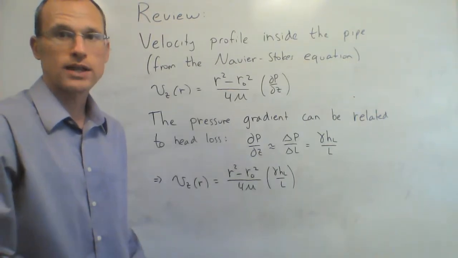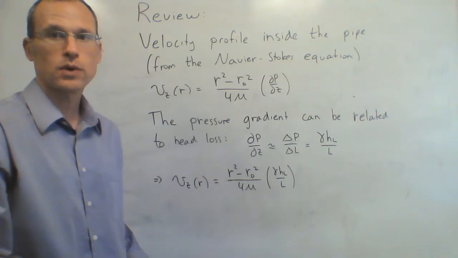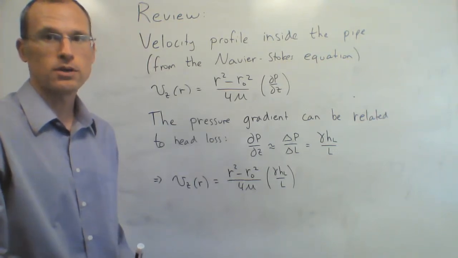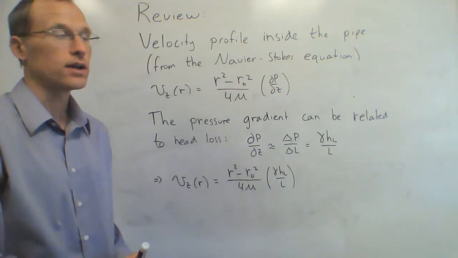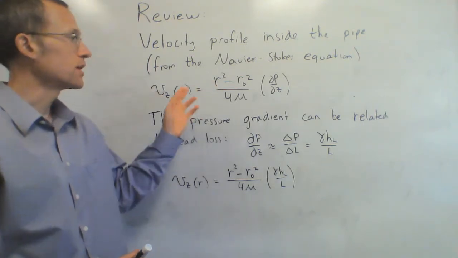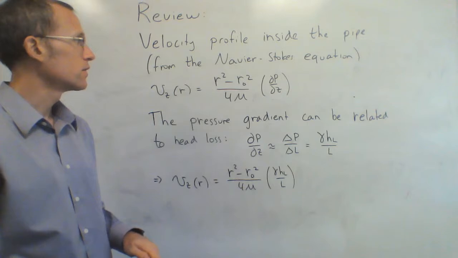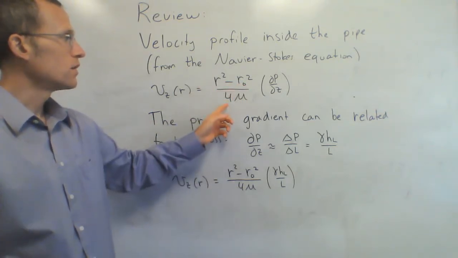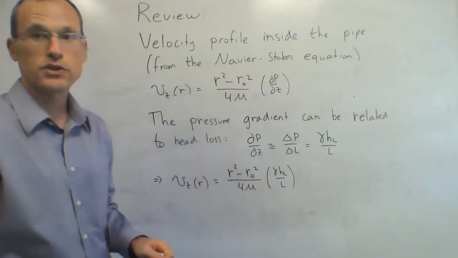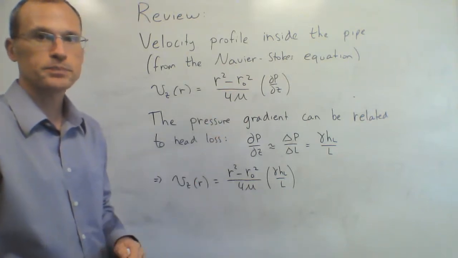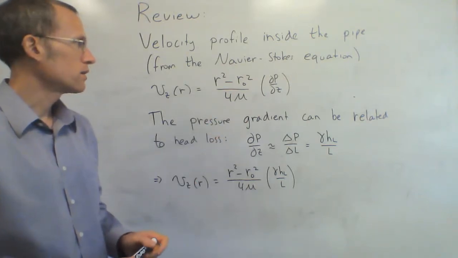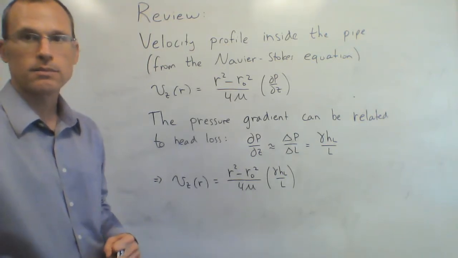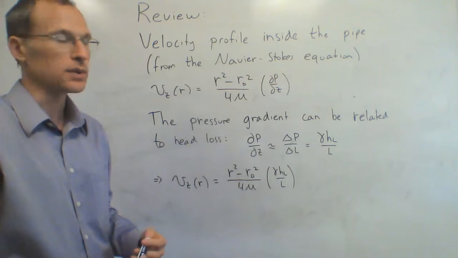Way back about 10 lessons ago, we solved the Navier-Stokes equations for fully developed pressure-driven flow in a pipe. Ended up with a velocity profile, Vz, so z going down the length of the pipe, as a function of r squared minus r0 squared, radius of my pipe r0, divided by 4 mu, times the pressure gradient dp dz. Now my pressure gradient, I can relate that to head loss, basically again through Bernoulli's equation, like we did last lesson.